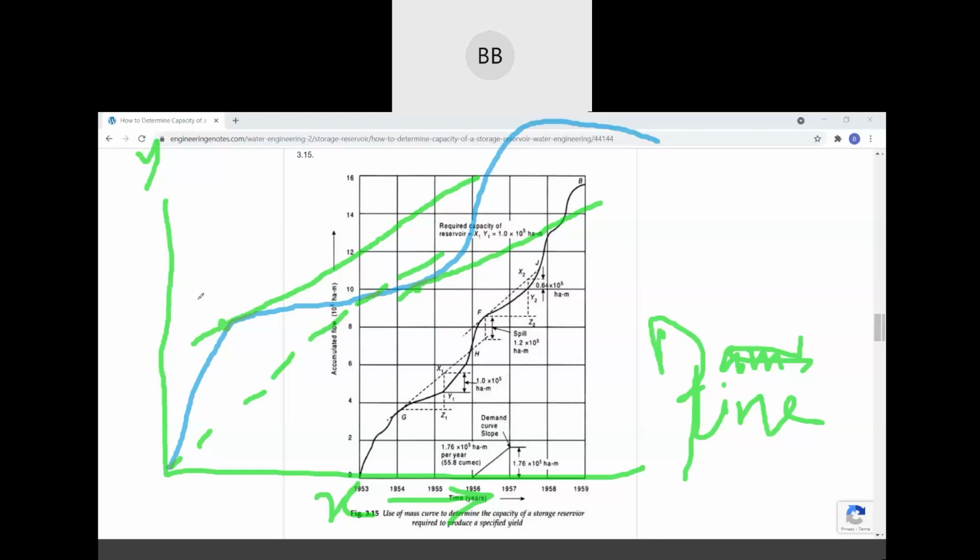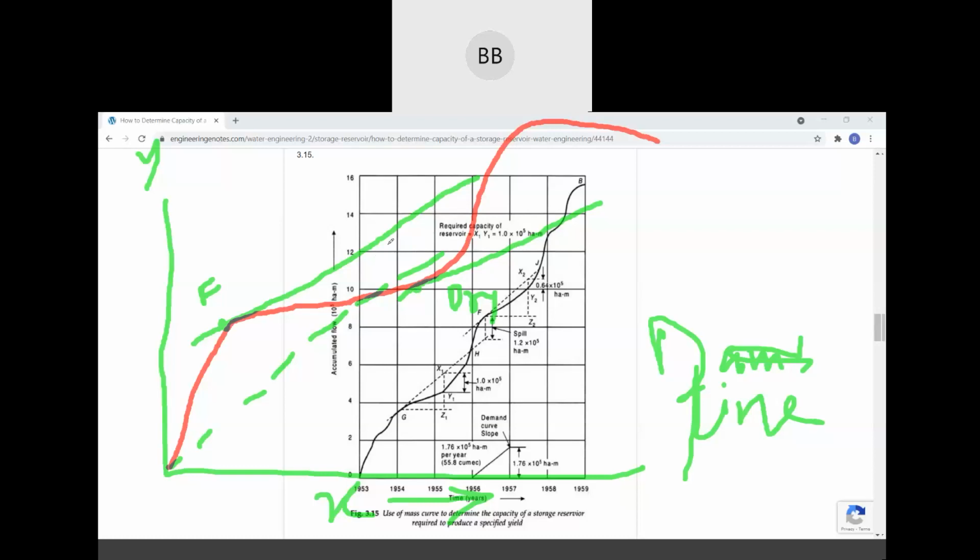So this is your flood point, this is your dry point. Once you plot the graph, we have to identify which one is your flood point and which is your dry point. Then you have to draw two tangents, one at the flood point and one at the dry point. These two tangents should be parallel to each other.